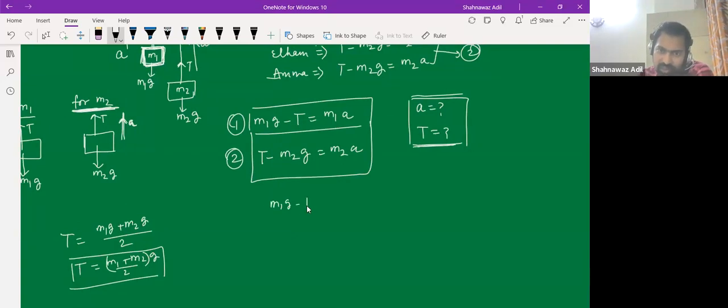M1g minus T equal to M1a. So we have M1g minus M1a equal to T. So this is the T that we are getting from equation first. And then from the second equation, T is what?